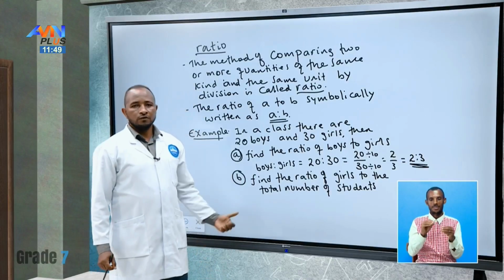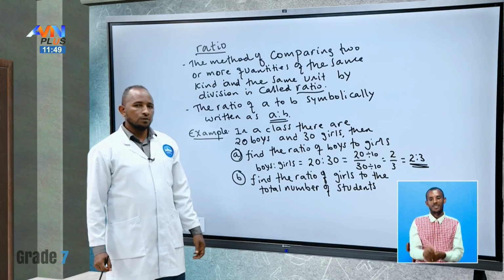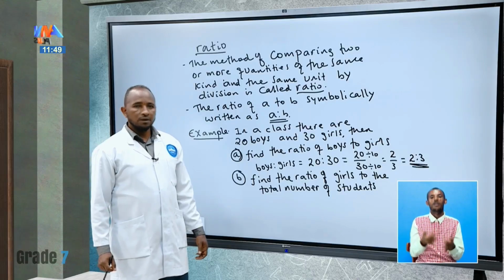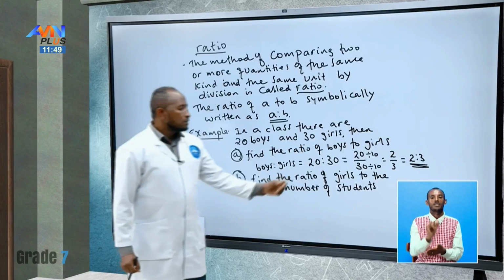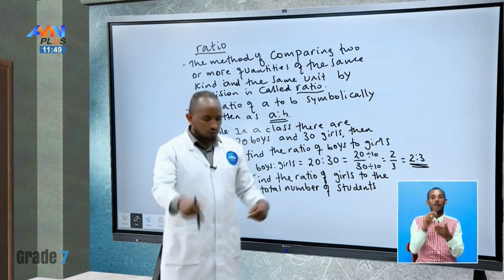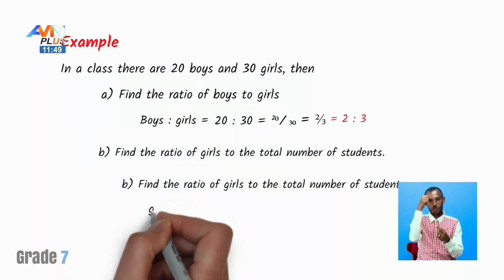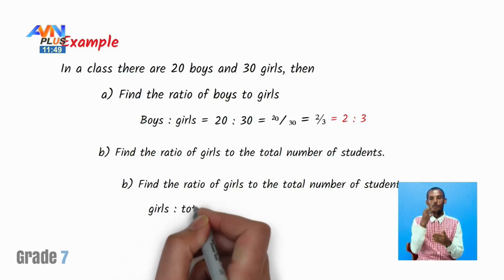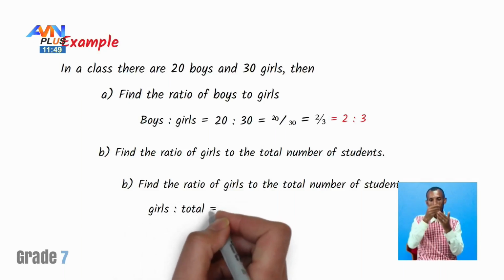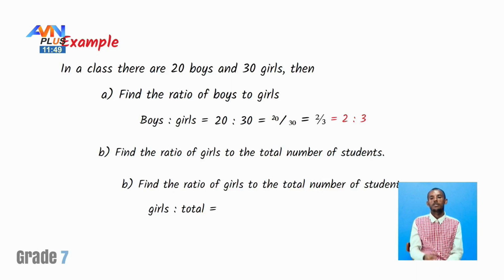Students, have you tried the question? Good. Now, let's see the answer together. The question here is, we are asked the ratio of girls to the total number of students.